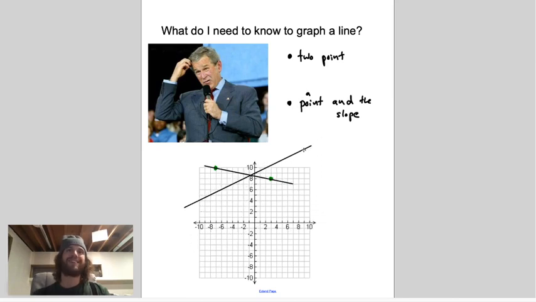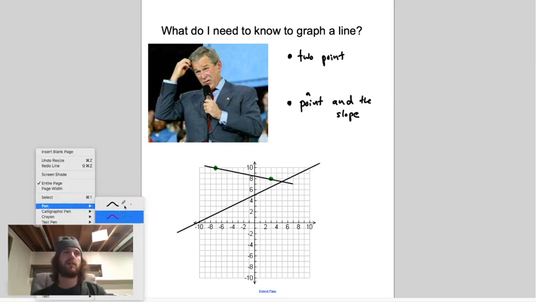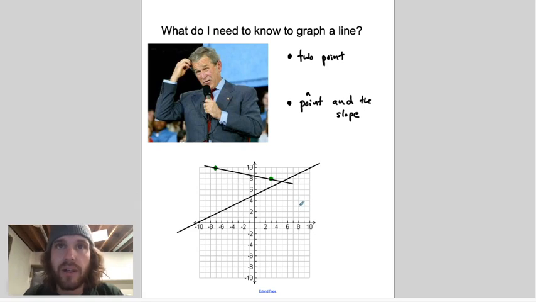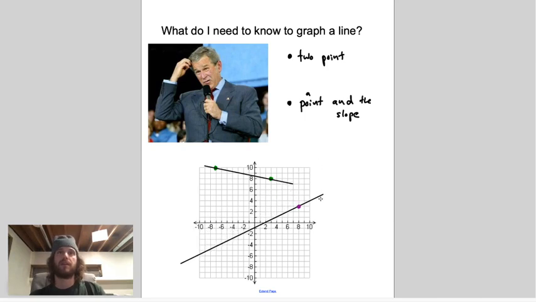But how many lines have a slope of 1/2 and travel through this point? Well, ladies and gentlemen, there's only one of those, and that is this line right here. This line has a slope of 1/2, and it travels through that point.